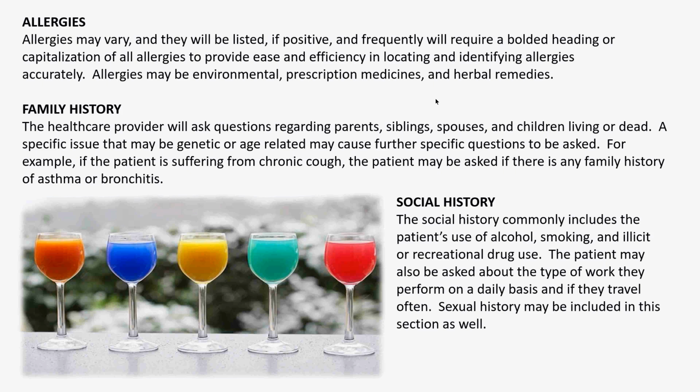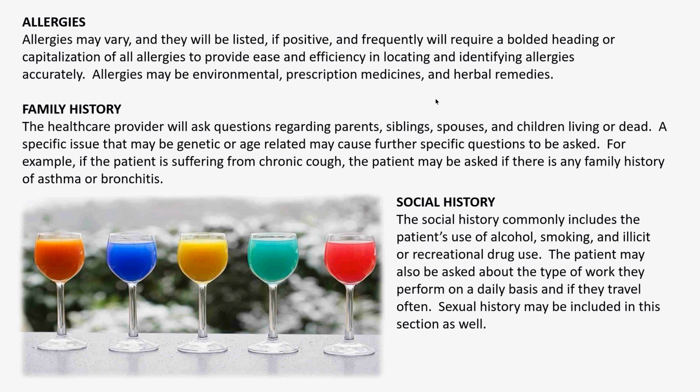A specific issue may be genetic or age-related that may cause further questions to be asked. For example, if you're having a chronic cough, you may be asked if there's any family history of asthma or bronchitis. Or they may ask you if there's a history of smoking in the home, secondhand smoke. You know, it could go for a lot of things.